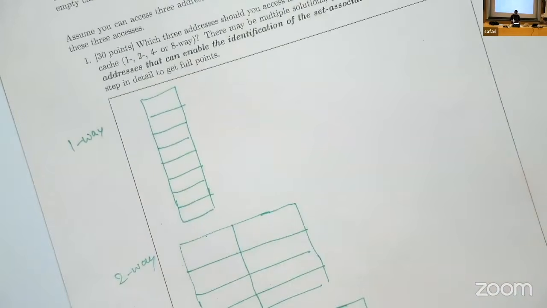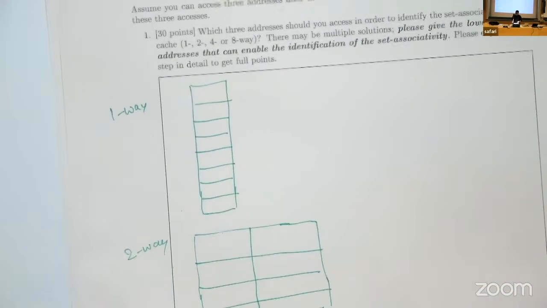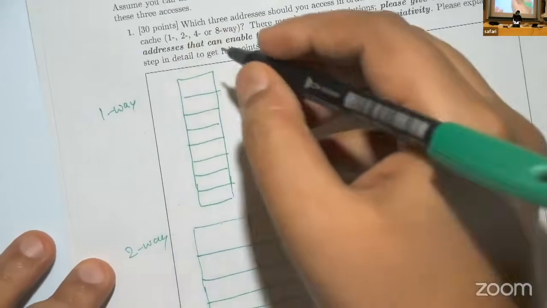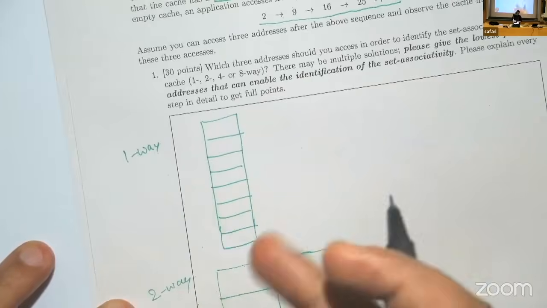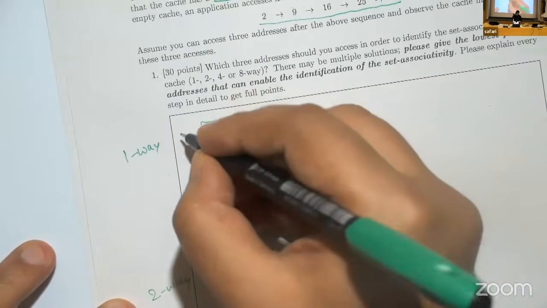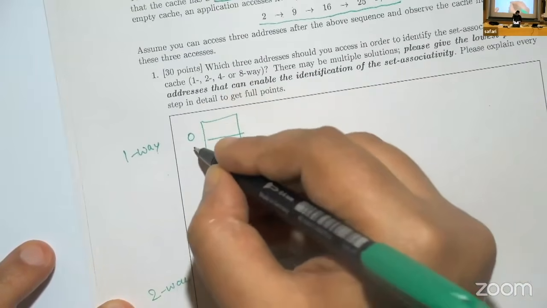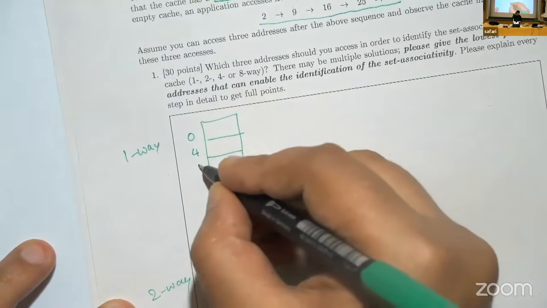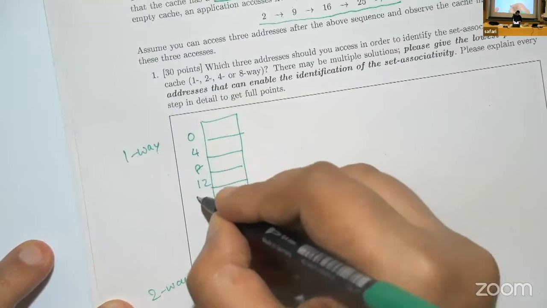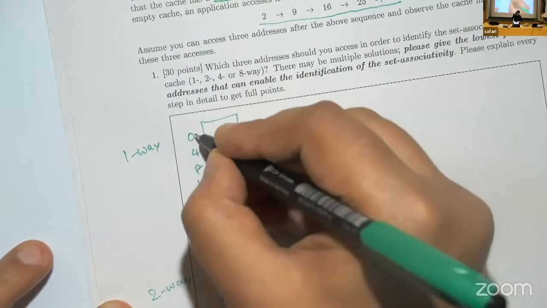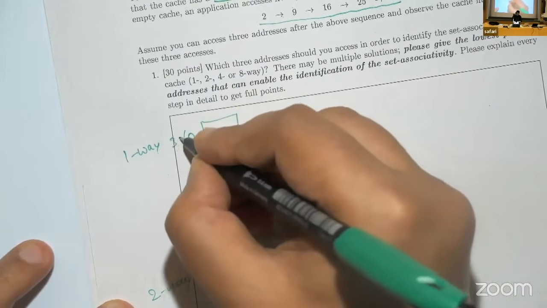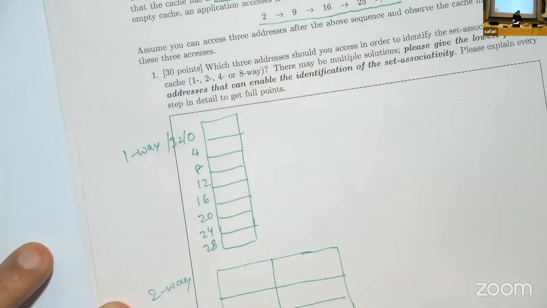Here the boxes represent each cache block, and the cache block size is 4 bytes. So let's see what is the state of the cache. Here I will just represent each block with the starting byte address. So here you can store 0 to 3, 4 to 7, 8, 12, 16, 20, 24, 28, and in the first one you could also store 32, and it goes like this.